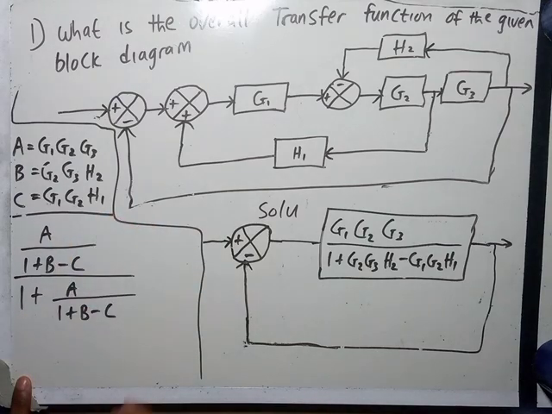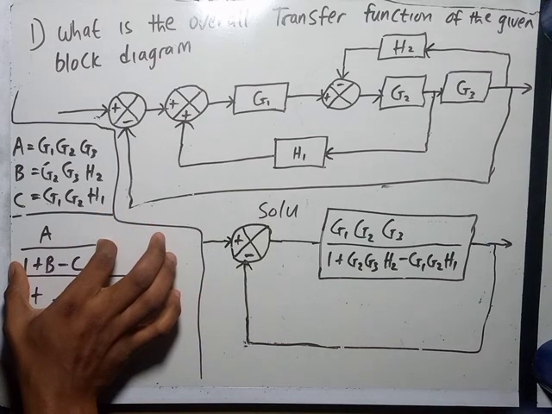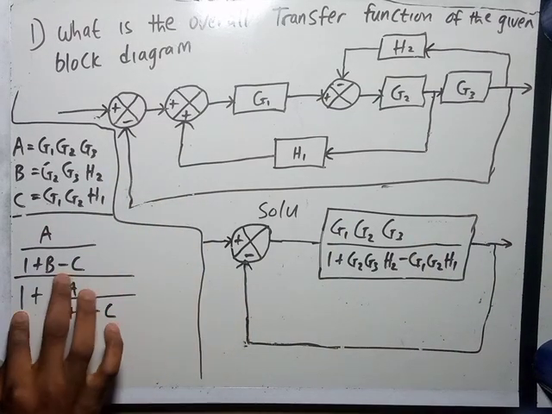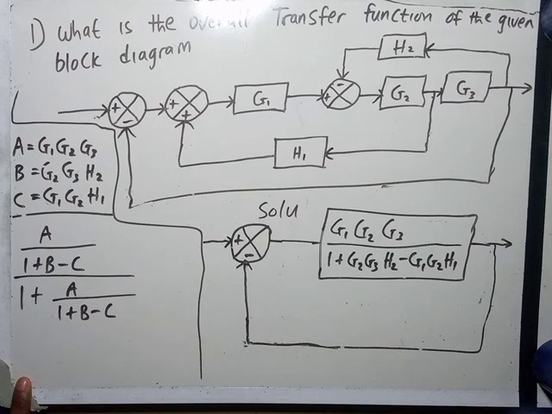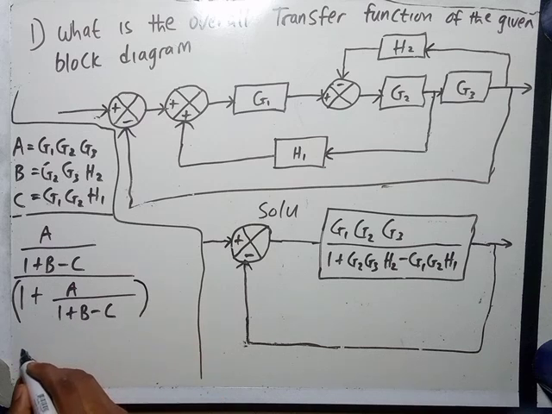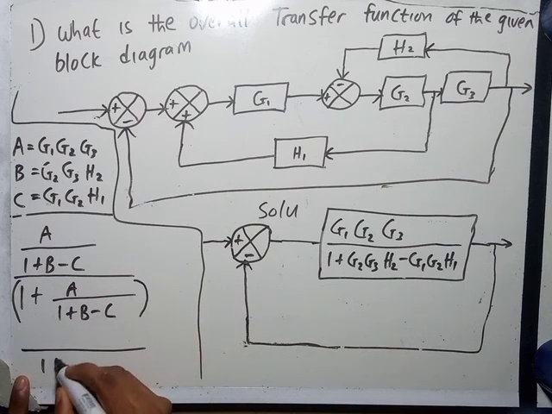So this is acting as our G in the general formula, and see it here, then your plus 1. So for us to further solve this, we will find a common multiple, the LCM, for the denominator part, which is 1 plus B minus C. This will divide the 1 here, which is this times 1.